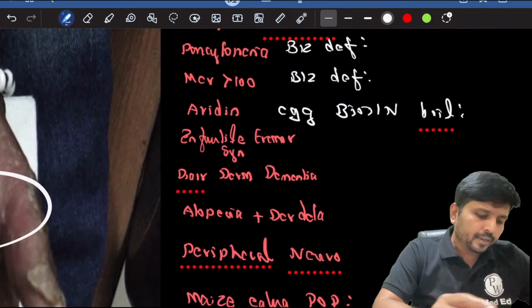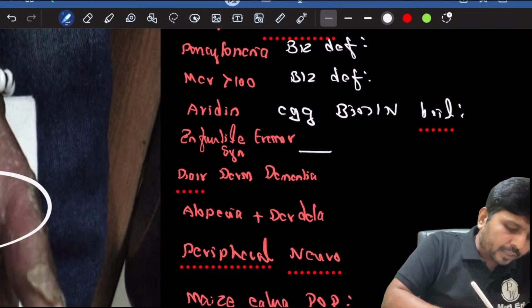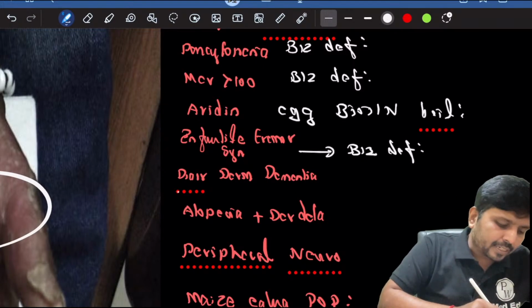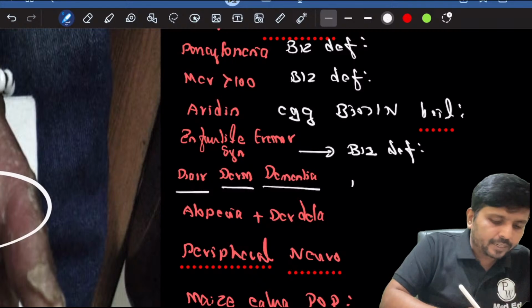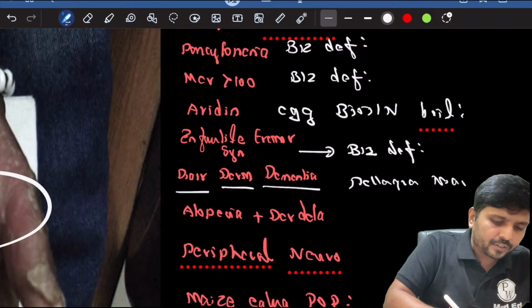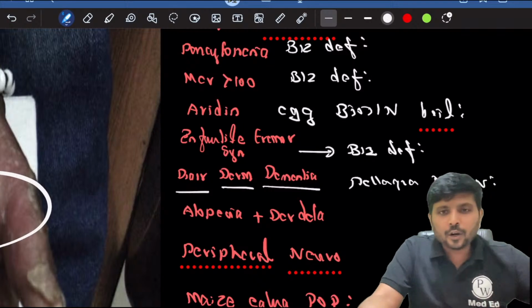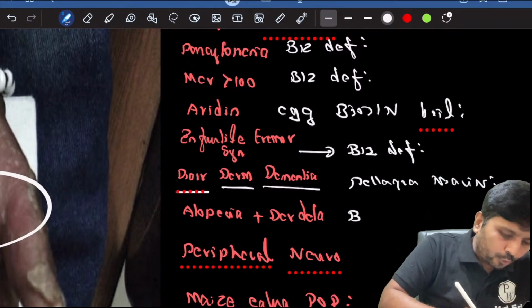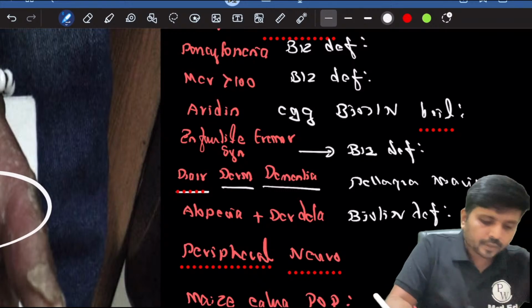Infantile tremor syndrome is associated with B12 deficiency. What is this? A combination of diarrhea, dermatitis, dementia: pellagra, niacin deficiency. Alopecia and developmental delay, again biotin deficiency.